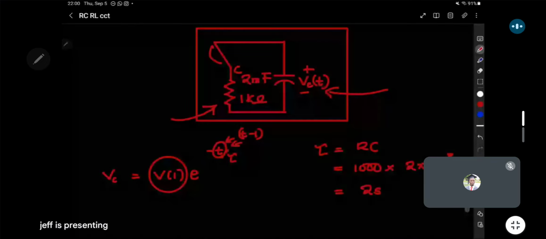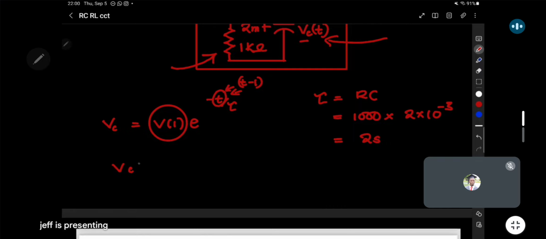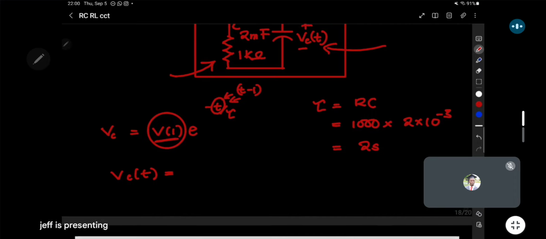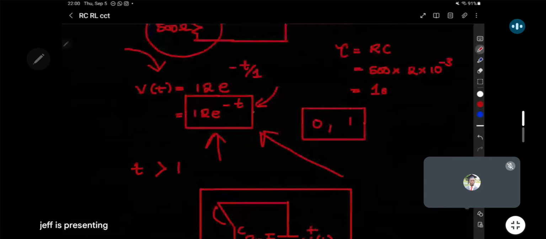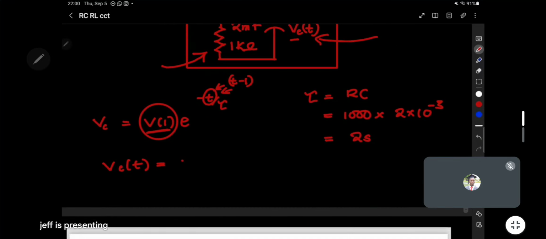So the actual expression now will be Vc, which is the one they're looking for, for any t greater than 1. This will be equal to V1, the result we had here, which is 12e to the minus t, multiplying this part now, e to the minus time.